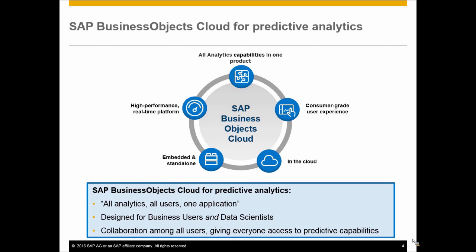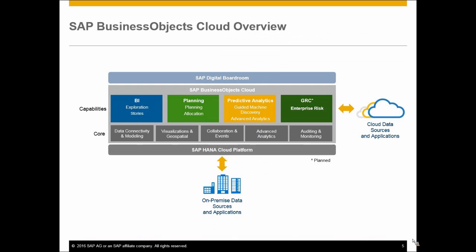No, what we wanted to do with our offering was bring the power of machine learning to the business users, to everyone in the organization, by providing collaboration among all users. And I will show you a couple of examples of how you can collaborate with your colleagues in our offering.